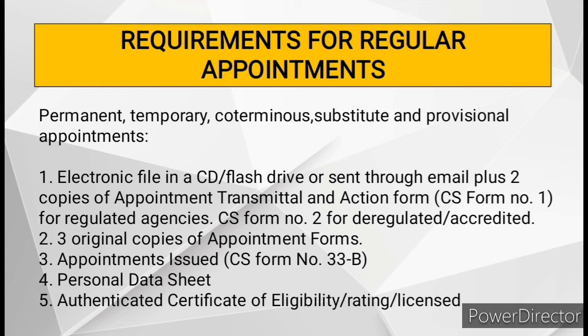In addition, the regulated agencies shall submit 3 original copies of the appointment form, CS Form number 33-A, revised 2018, while the accredited and deregulated agencies shall submit the original CSC copy of appointments issued, or the CS Form number 33-B, revised 2018.